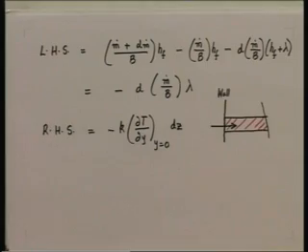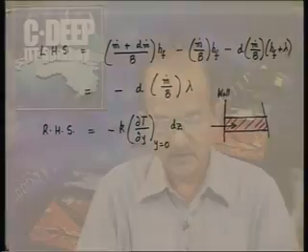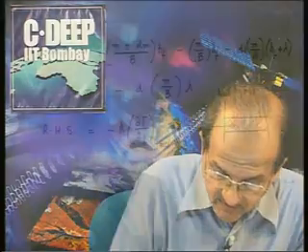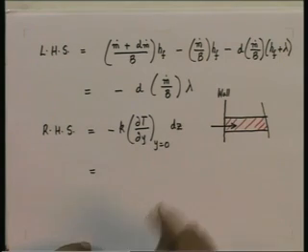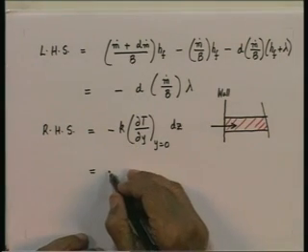So, into 1. So, this is the rate of heat transfer to the control volume, and we have made an assumption that we are going to take the temperature profile to be linear. So, it is nothing but minus k.